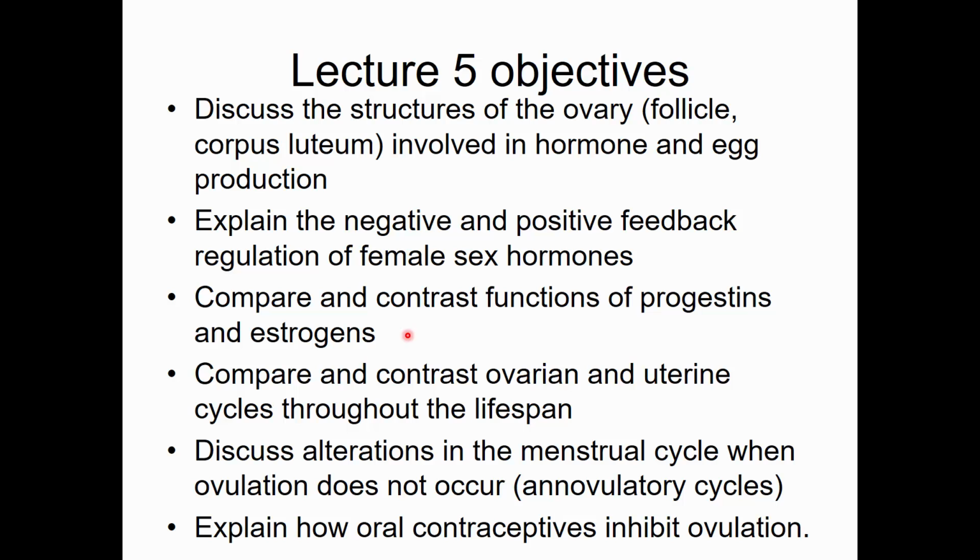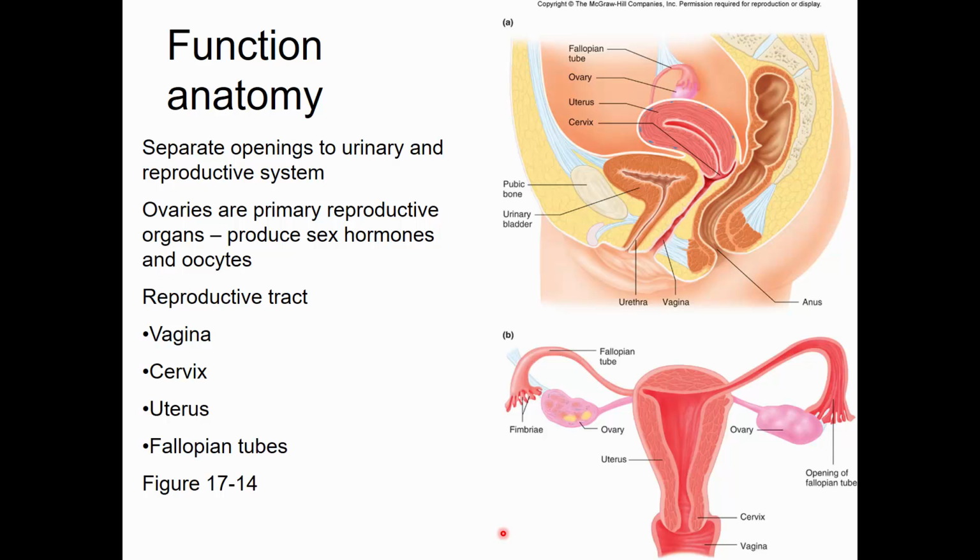As we discuss the menstrual cycle, there are things going on in the ovaries, in the uterus, with hormone secretion, and with cervical mucus, and all of those things are happening together. So I want you to think about how to integrate all of that. Sometimes during the menstrual cycle, there is no ovulation. We want to talk about why that might be, and we want to finish up by talking about oral contraceptives.